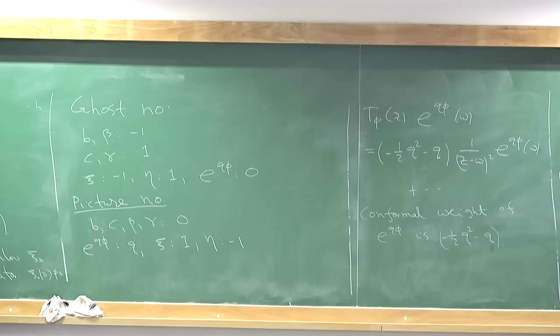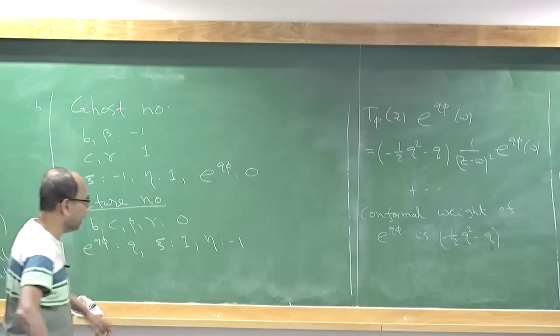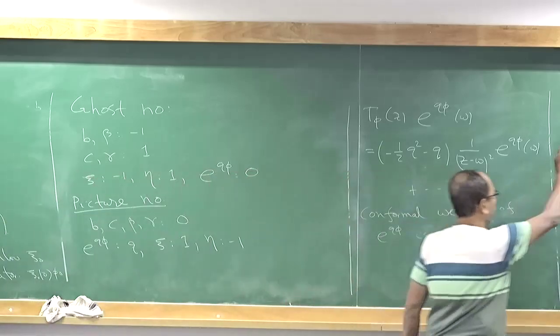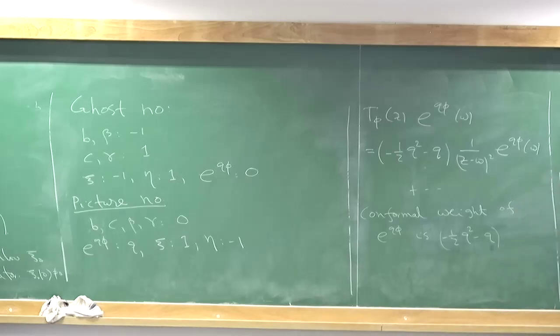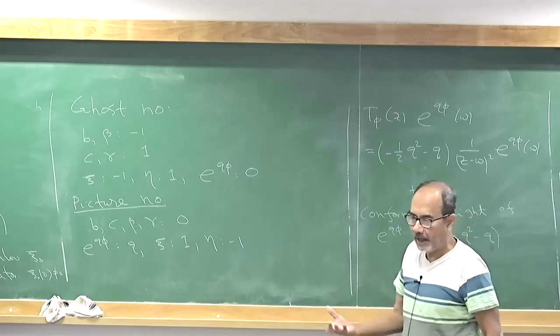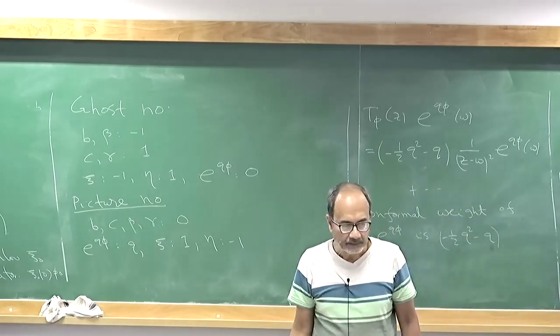Picture number is also some U(1). But that U(1) is not visible in the beta gamma system. Beta and gamma are all neutral under the U(1). It has arisen only because of the splitting up into del xi and e to the minus phi. So the picture number is essentially counting how many delta gammas you have and how many delta betas. That is the difference between the two.